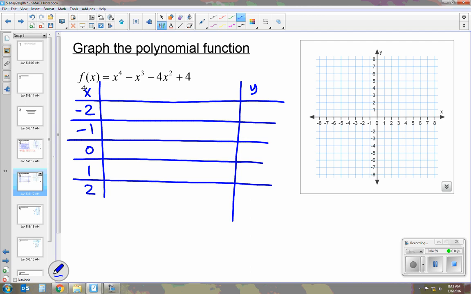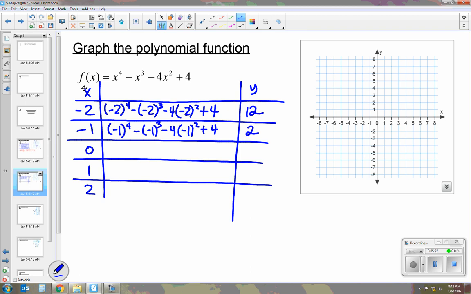And let's plug those in. So we have negative 2 to the 4th minus negative 2 to the 3rd minus 4, negative 2 squared plus 4. And that's going to give us a 12. Next one, we're going to plug in a negative 1. So we have negative 1 to the 4th minus negative 1 to the 3rd minus 4, negative 1 squared plus 4. And that's going to give us a 2.